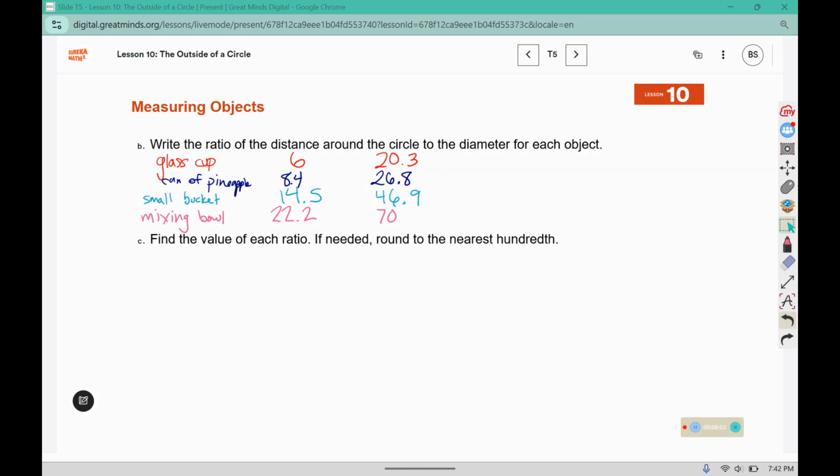Part B asks us to write the ratio of the distance around the circle to the diameter. So for the first one, that ratio would be 20.3 divided by 6. For the can of pineapple, it would be 26.8 divided by 8.4.